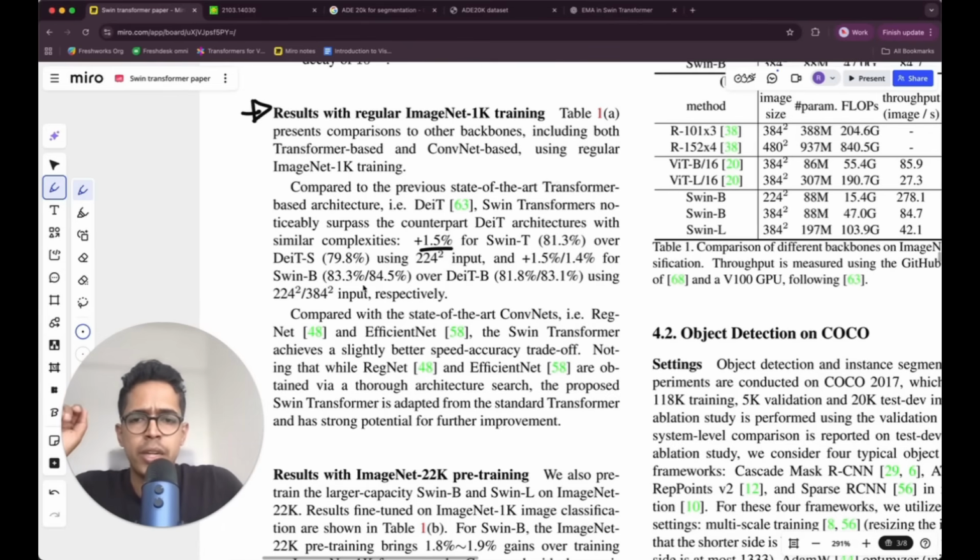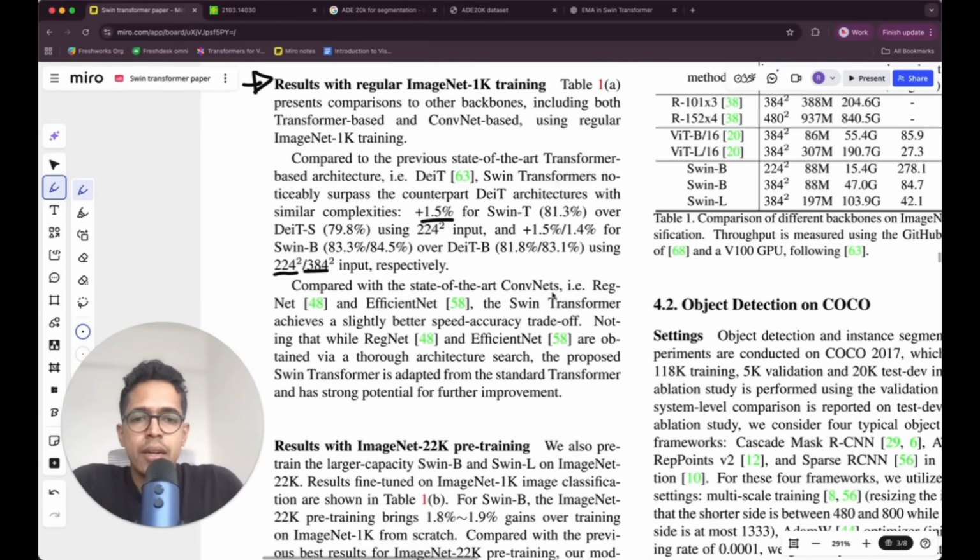And Swin B has 83.3 and 84.5 over data efficient image transformer B, using an image of size 224 versus an image of size 384.